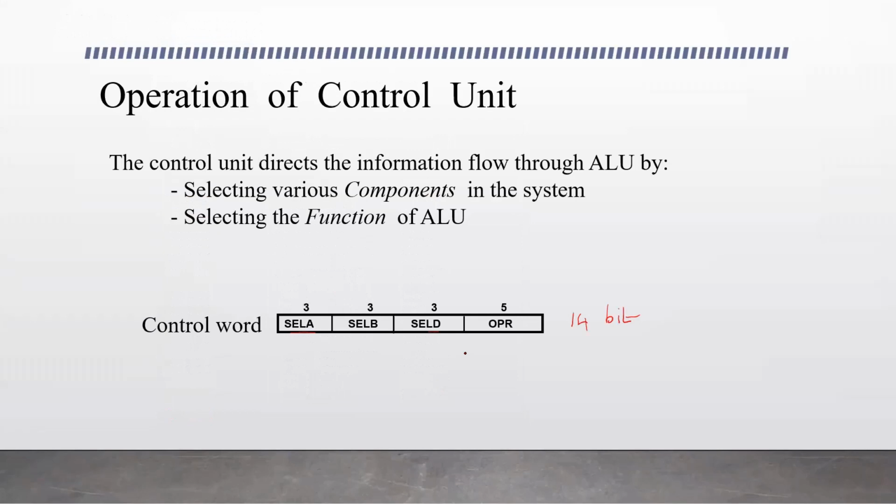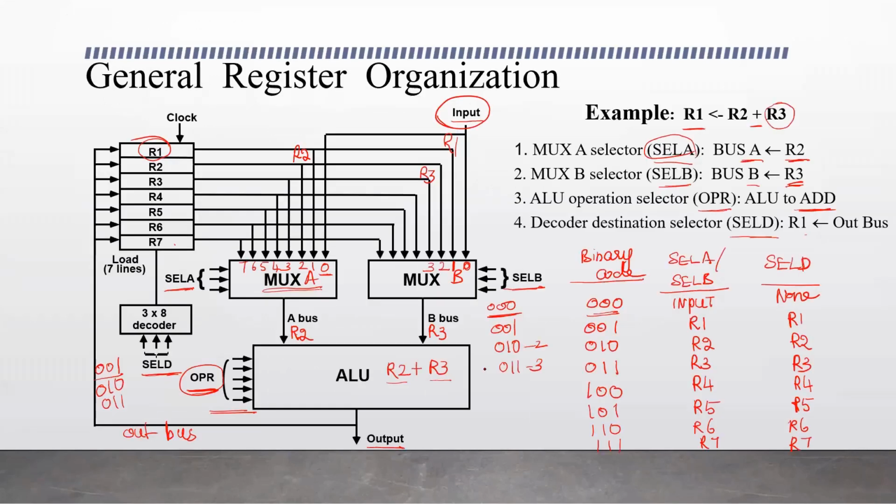So here, let's say what the control word would be if we perform this particular operation. Let's see this example: R1 equals R2 plus R3. Add the content of registers R2 and R3 and store it in register R1. So what would be the selection input A?